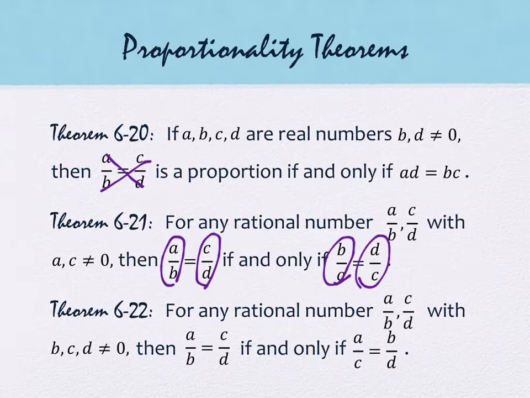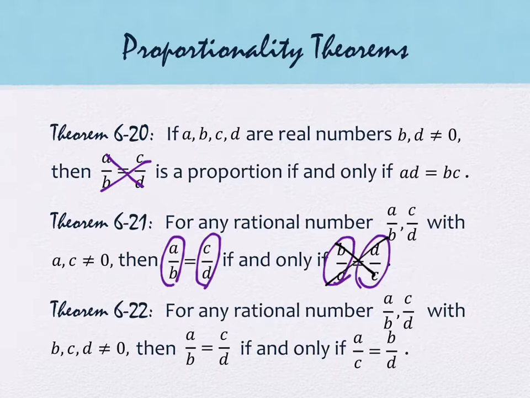Yeah, they've done the inverse. They've flipped them over, right? They've done the inverse to both of them. And if you were to cross multiply, you'd still end up with the same AD equals BC that we did before, right? So it should be true anytime you have a proportion that if you flipped both of them upside down, you'd still have a proportion and it would all be good.